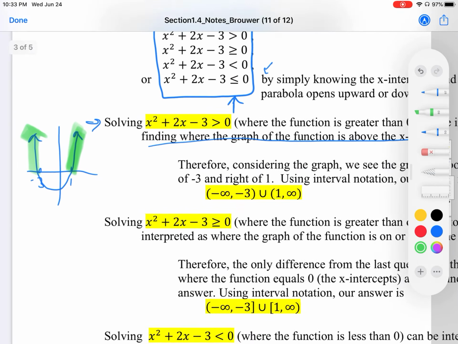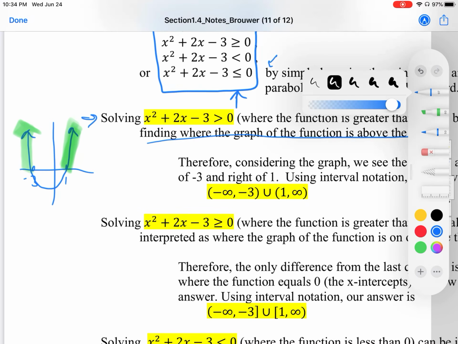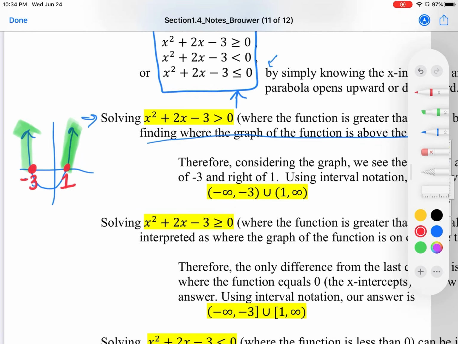Now, if we focus here, we're working with our intercepts of negative 3 and 1. But we see that our parabola has arrows going up. These arrows go on forever, right? So to infinity. And we're concerned about this highlighted portion in green, right? We want this.